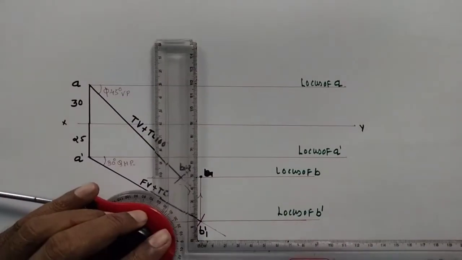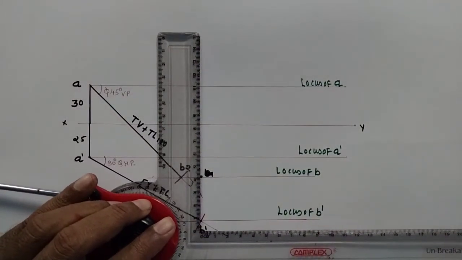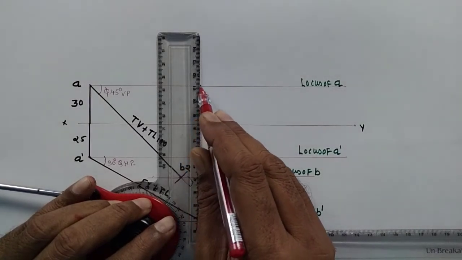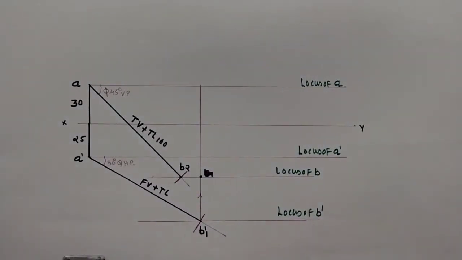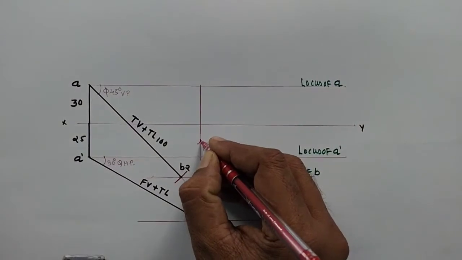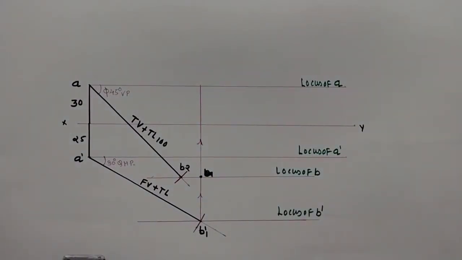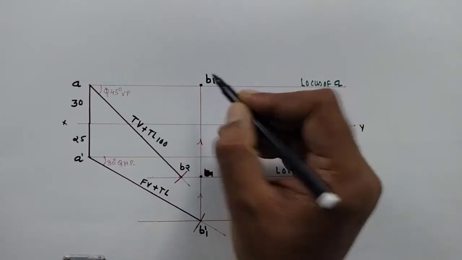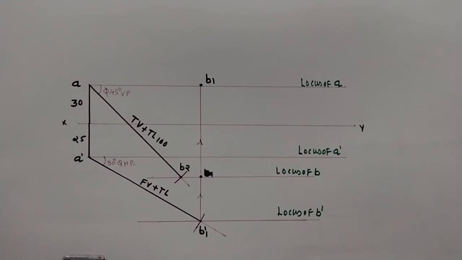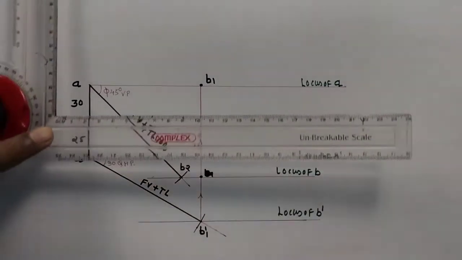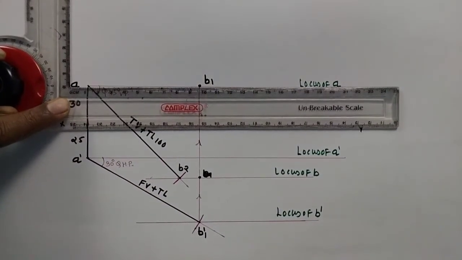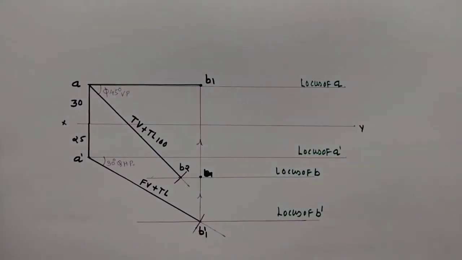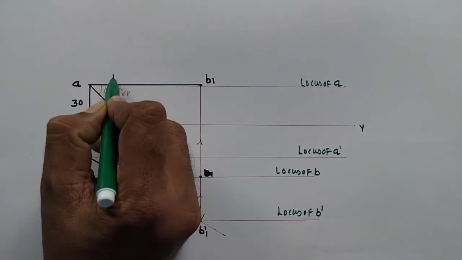Now I go for the vertical projection from B1 dash up to the locus of A, and we got our plan point B1. Now I join AB1, which we always say is our top view length.